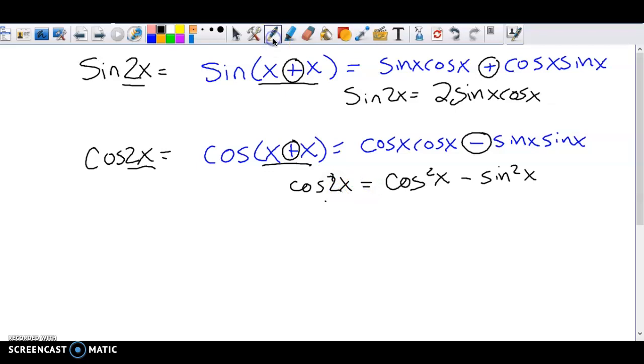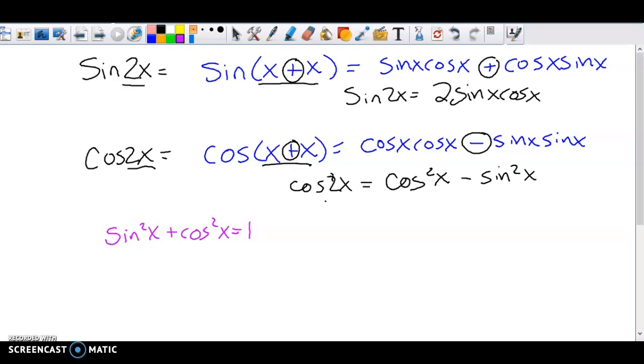Now also, a little bit more pre-calc. If you remember those trig identities, your Pythagorean identities, you know that sine squared plus cosine squared equals 1, which means 1 minus cosine squared or 1 minus sine squared equals the other one. So I could even rewrite this.